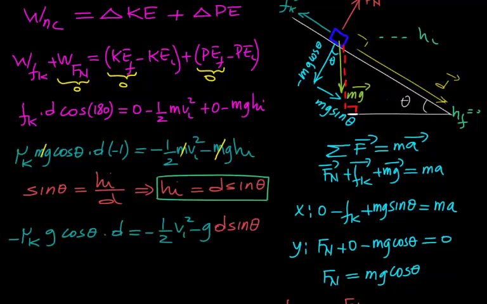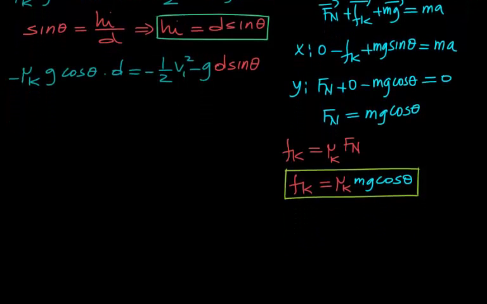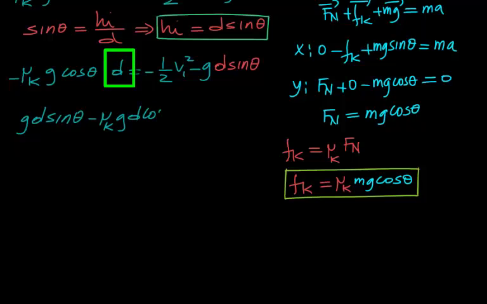I'm pretty sure at this point you would love to substitute for the known quantities and solve, but I'm going to continue working algebraically. Move the g d sine theta to the left hand side of the equation. You will have g d sine theta minus mu k g d cosine theta equals negative 1/2 v initial squared.